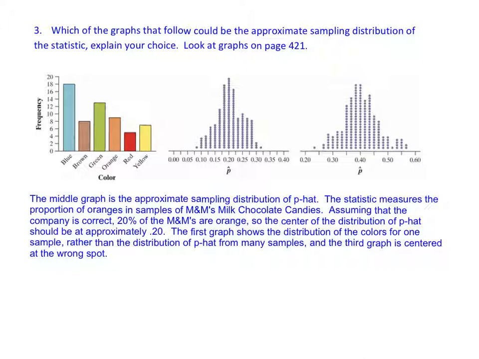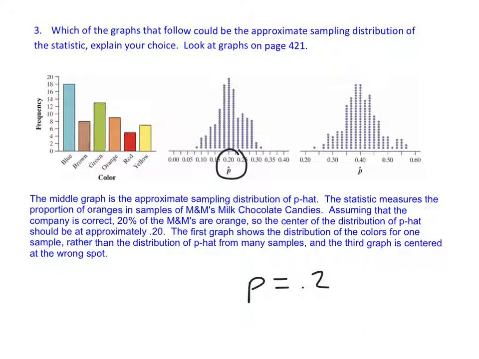Okay, they both look pretty similar, except they have one key difference. This is specifically for the proportion that were orange, and remember we had said that P was 0.2. So I do like over here that the sampling distribution is centered at 0.2. Okay, and if the company's claim is true that 20% are orange, we should see that that's the case.